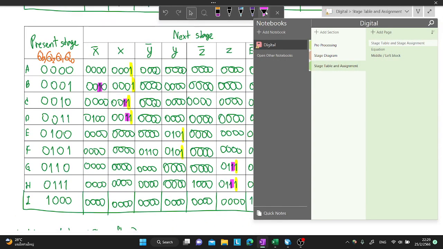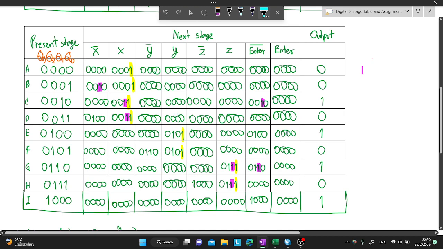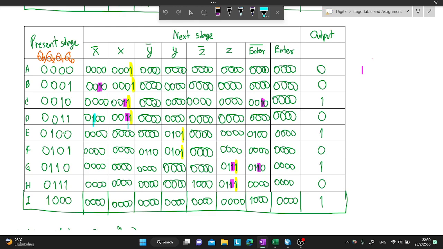In this table, you have to choose the states that have Q2 as 1, which have this, this, this, this. Okay, we choose.